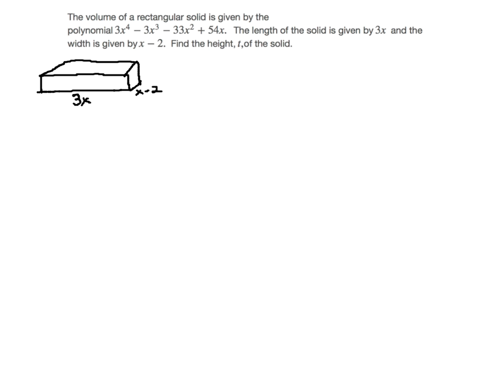of the solid. Okay. Well, I know that volume is equal to length times width times height. And I know that my volume is given by 3x to the 4th minus 3x cubed minus 33x squared plus 54x.